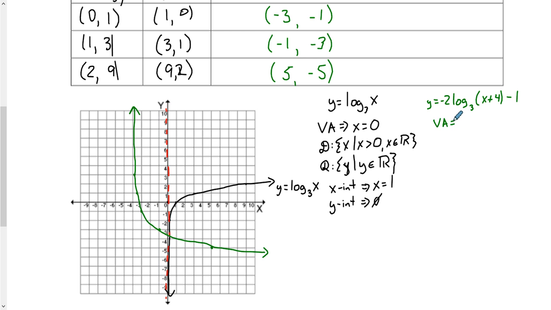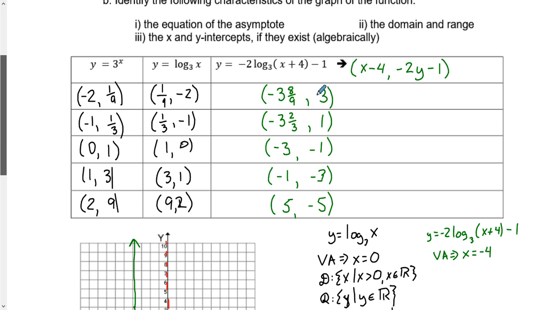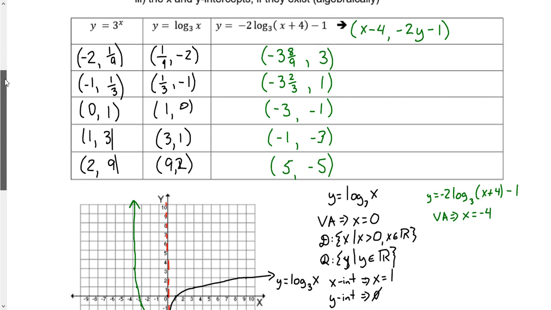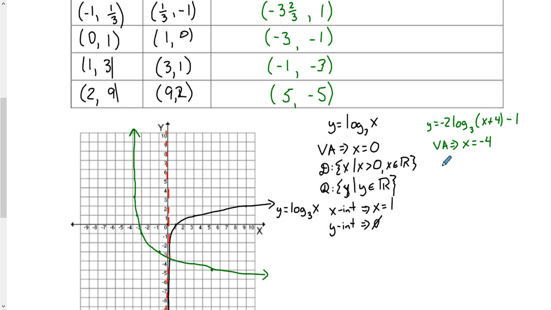Vertical asymptote, x equals negative 4, because it has moved left 4. This logarithm has moved left 4. Our domain: x such that x is greater than -4.